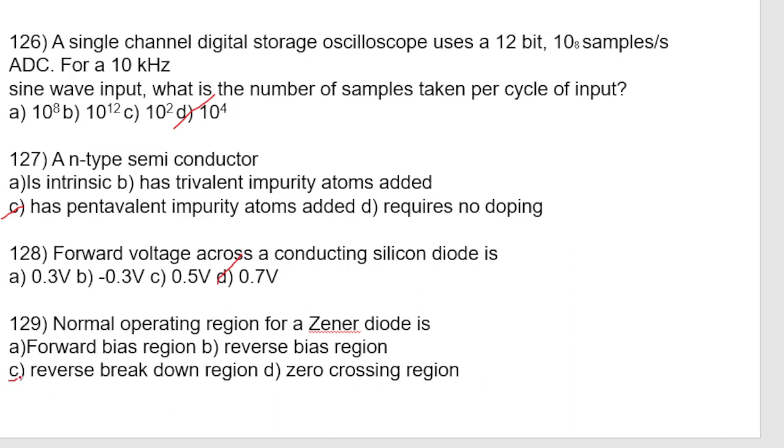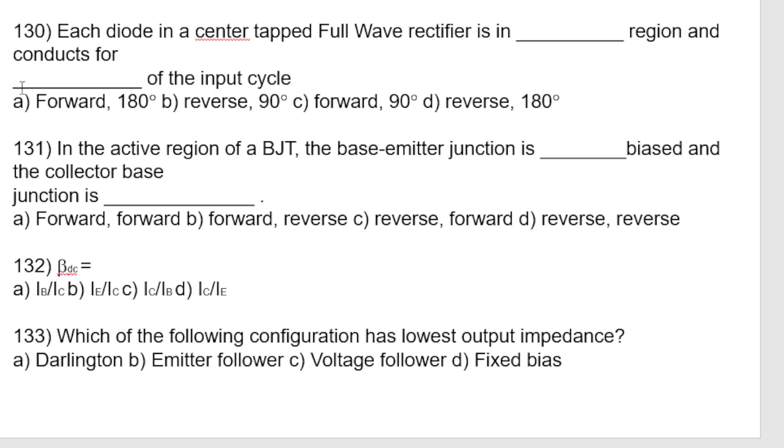It is reverse breakdown region. Now each diode in a center tap full wave rectifier is in region and conducts for input cycle. So options are forward 180, reverse 90, reverse forward 90, reverse 180. So it is center tap. Center tap is forward and 180.